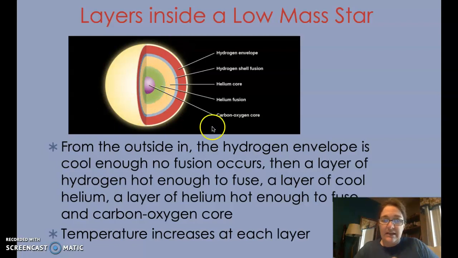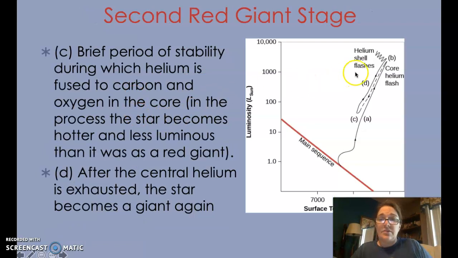And those helium are forming into carbon and oxygen. And so those are heavier still, and they will collect in this central core. The temperature increases in each phase. And so as the second red giant phase, we have carbon and oxygen in the core, and it is collecting.